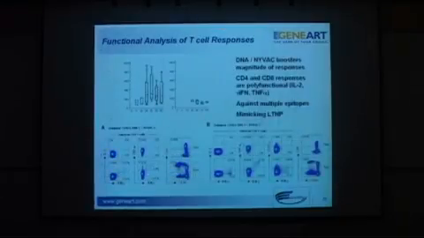One important message also was that the magnitude of the T-cell responses in the prime boost was by far superior to the magnitude of the T-cell responses that we have measured in the group that received immunization with the viral vector alone.